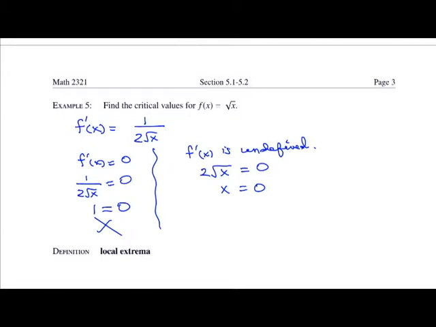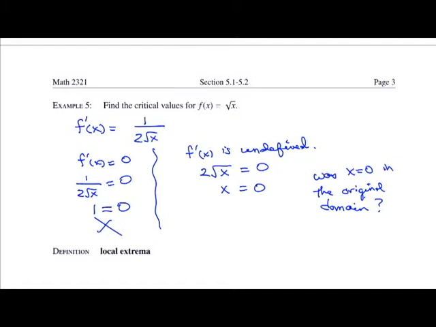Now the only other question that you have to ask is, was x equals 0 in the original domain? One of the conditions on being a critical value is you are where the derivative is undefined, but it had to have been in the original domain in order to be considered.